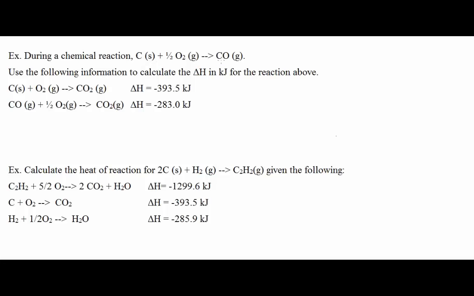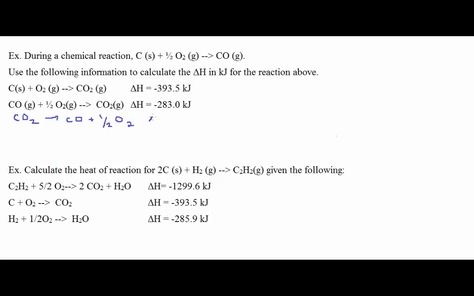What you should also notice is that I have carbon monoxide on my product side, but I have carbon monoxide on my reactant side right now. And so what I'm going to do is flip this reaction. Instead of having CO on the reactant side, it's going to be on the product side. So CO2 is going to become the reactant, and that's going to produce carbon monoxide and 1/2 mole of oxygen.